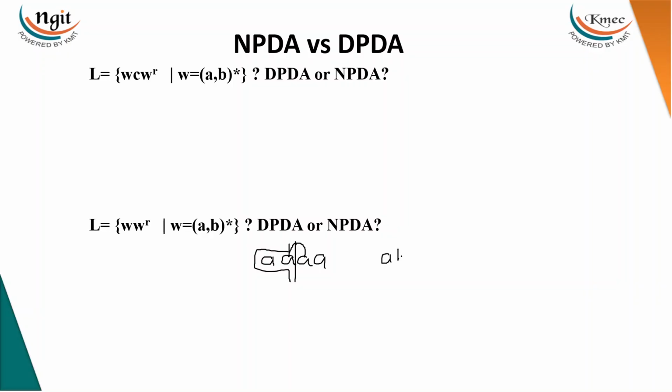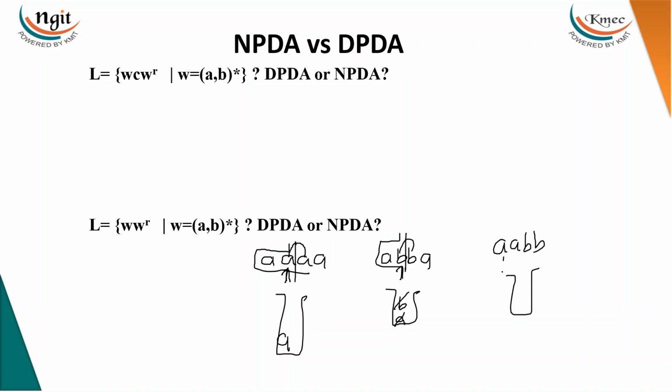For example, if I take ABBA, you push A, push B, and if both are same, pop out. I can say that if the input symbol and the top of the stack are the same, it is the center point, but it is not always. Here, for example, A first, both are same, but this is not the center point. Similarly, if I take AABB, for A push, for the next A, this is not the center point.